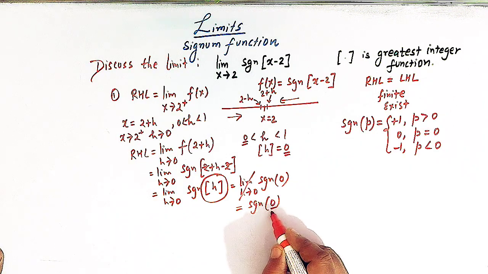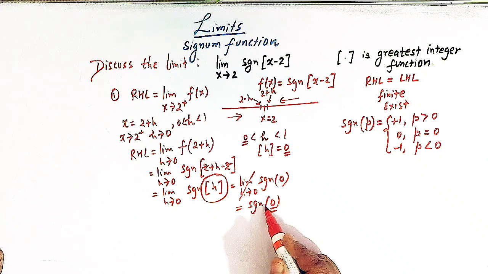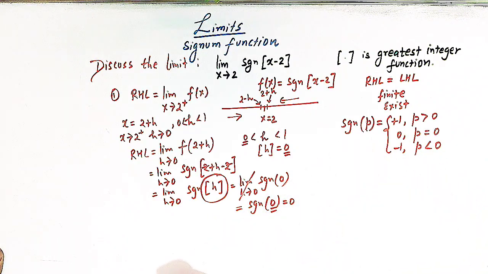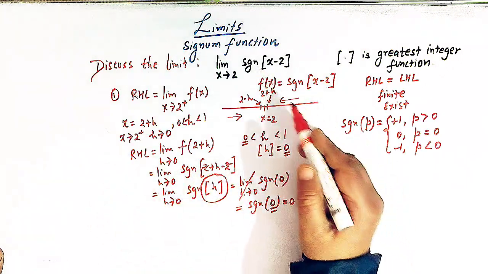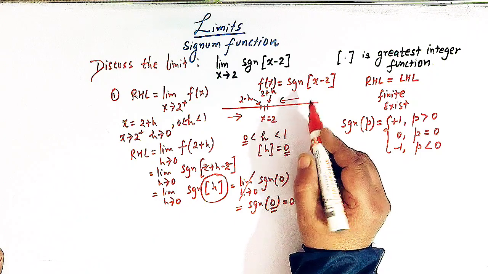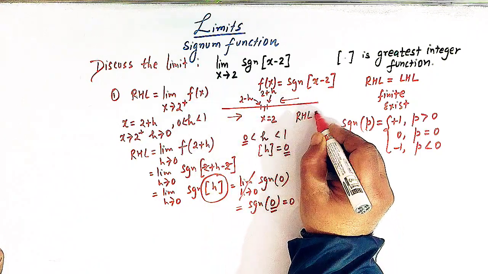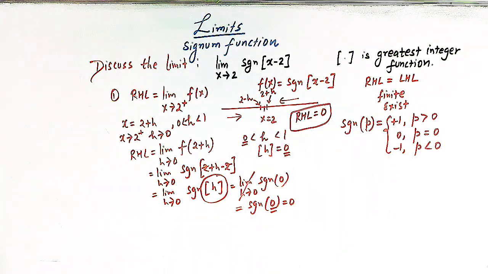So here we see that the value of p is 0, so signum of 0 should be equal to 0. Right? So the right hand limit of this function f of x when x approaches 2 is given by 0. Right? Now let us find out the left hand limit.